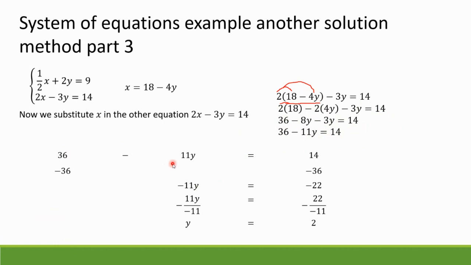Okay, so what do we do now? We want to get y all alone. Let's subtract 36 from both sides. We get negative 11y is negative 22. But we don't want negative 11y, we want y.